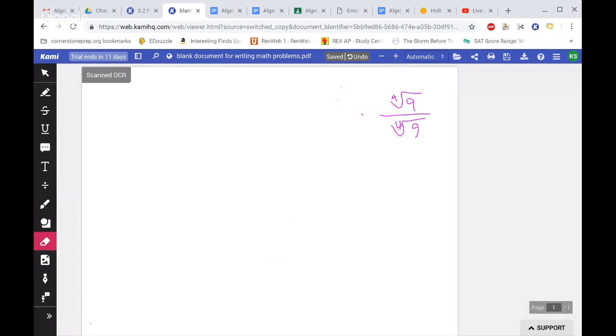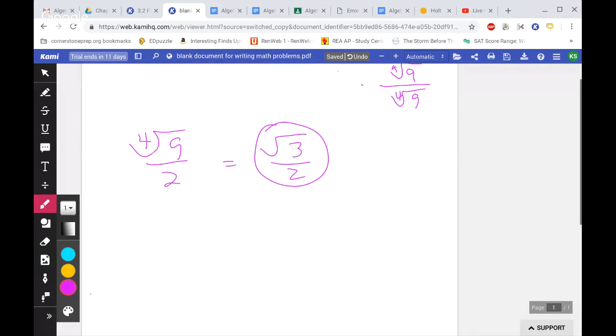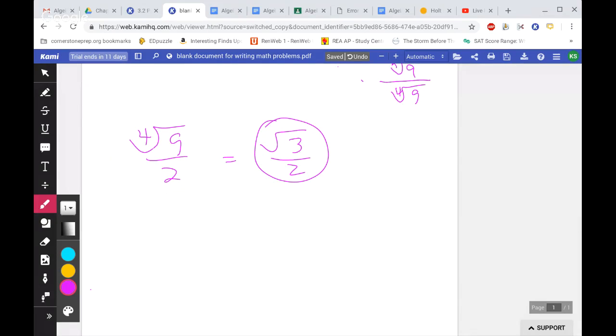Okay, where we ended was root 4 over 9 over 2, right? Which then would give us root 3 over 2. Oh, okay. So that's the final answer. Never mind, I was confused.